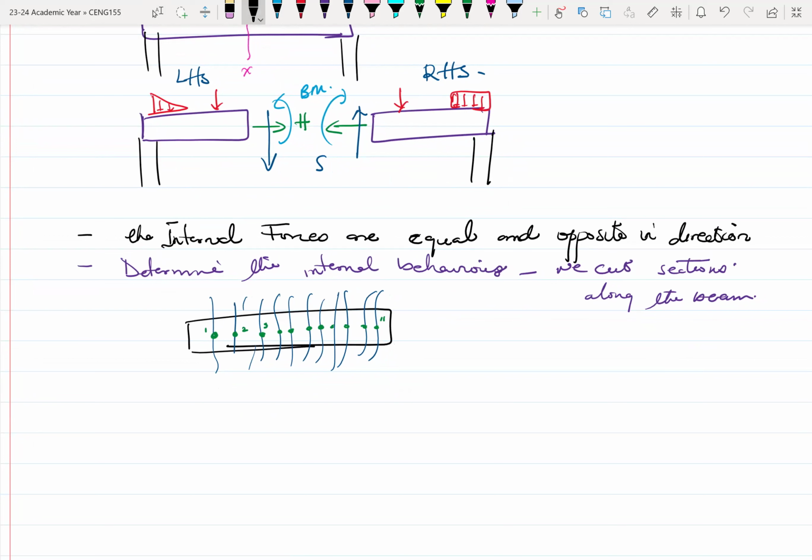And to help us easily calculate this internal behavior, we use a sign convention. We use sign conventions.